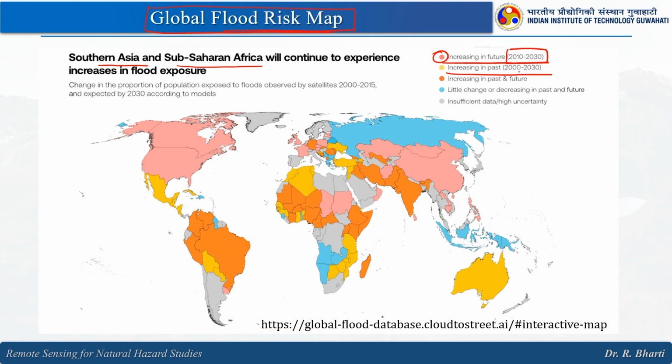Increased in past between 2000 to 2030 is in yellow color. Then increasing in past and future, then little change or decreasing in past and future is with blue. Then we also have a few regions where we have insufficient data or high uncertainty, right.